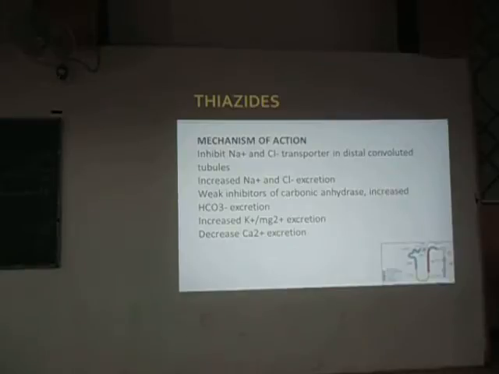How is calcium excretion decreased? You saw, they are under the influence of parathyroid hormone. We have two channels. One is on the luminal side, which helps in taking in the calcium. At the basolateral side, we have the sodium-calcium antiport mechanism.